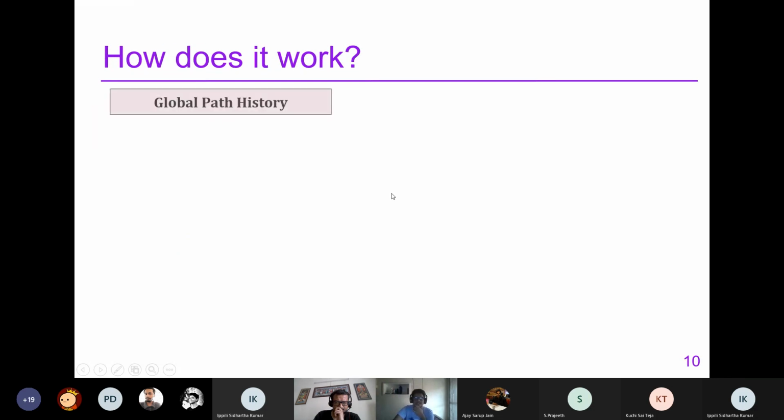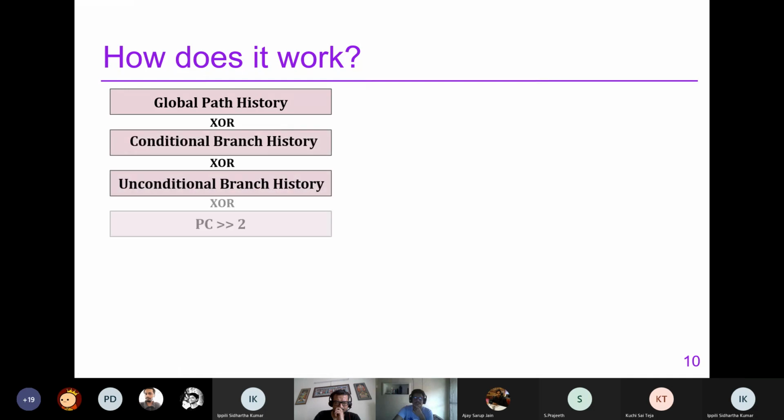So CHIRP uses a signature, as I explained before. The signature is based on global path history, conditional branch history, unconditional branch history, and the present program counter. By global path history, I mean it takes some specific bits of the previous program counters used to access the TLB and continues storing them in an entity. Those 2 bits are mixed with 2 leading zeros and pushed into the present global path history to make the new path history, which forms a 64-bit entity.